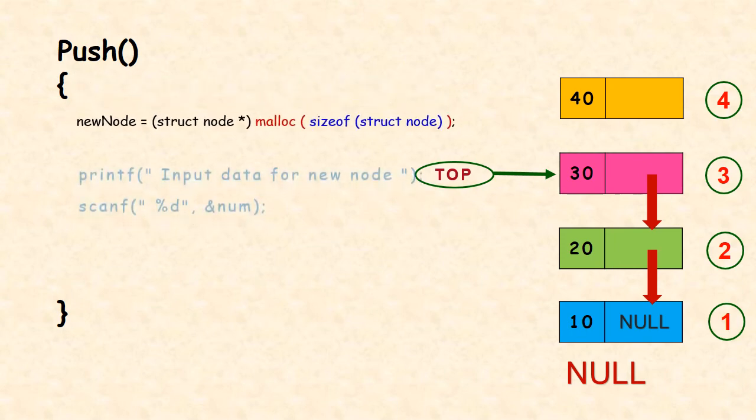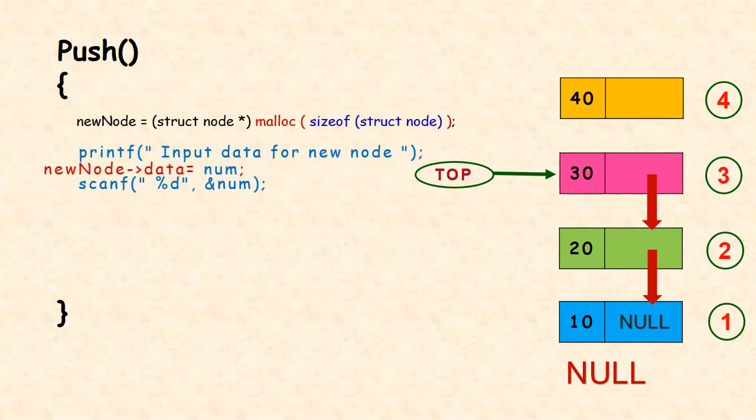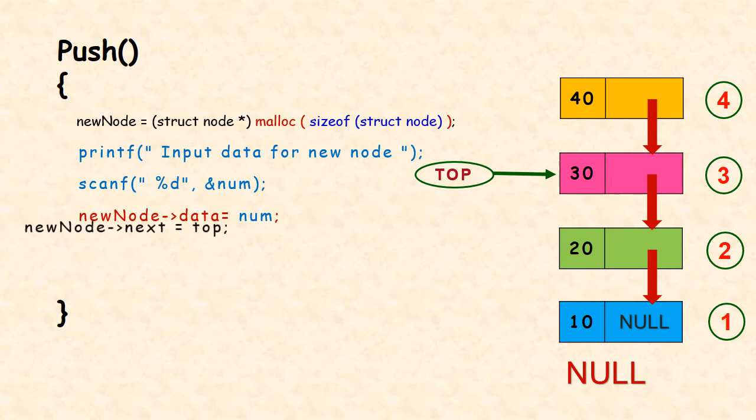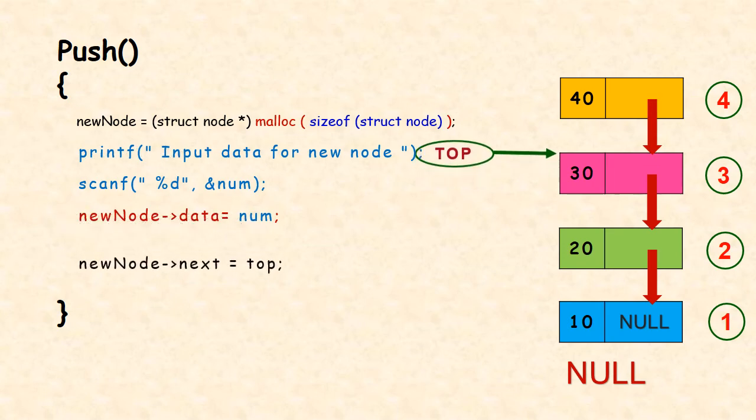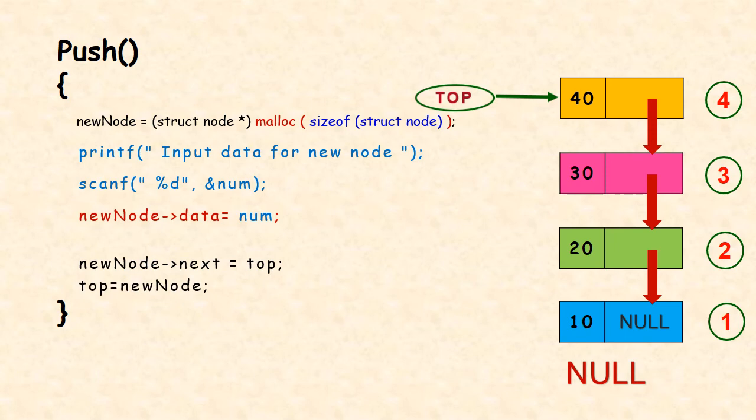Okay, you please see and understand this once again. Right, this is how we have created a stack using multiple push operations. To perform each push operation, we have to call this push function and perform this task.